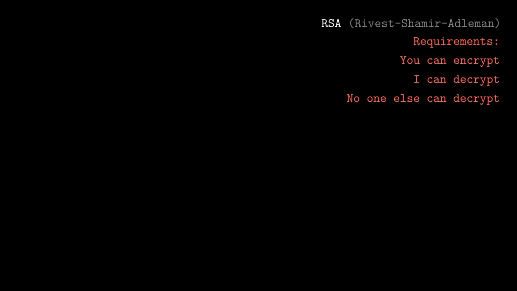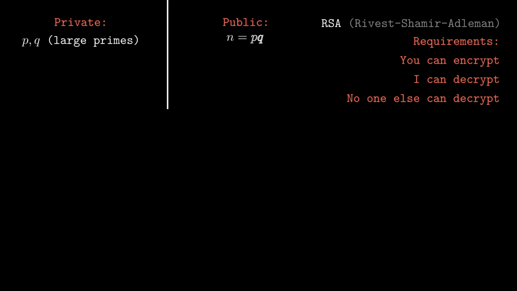Here's how it works. First, I choose two very large prime numbers p and q, which I keep to myself. Then, I compute their product n and send you n. In other words, n is public knowledge, since an outsider could intercept my message to you that contains n.